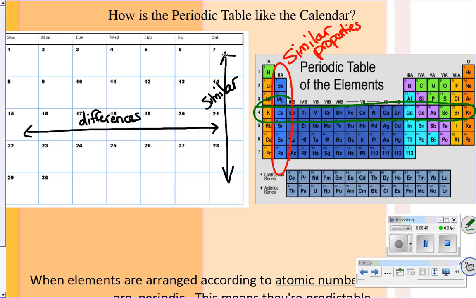We have metals, we have highly reactive metals, we have non-reactive transition metals. We get over to the other side of the periodic table, we have things that are found as a liquid at room temperature, we have a noble gas. So we have a lot of variety in properties as we go from left to right.